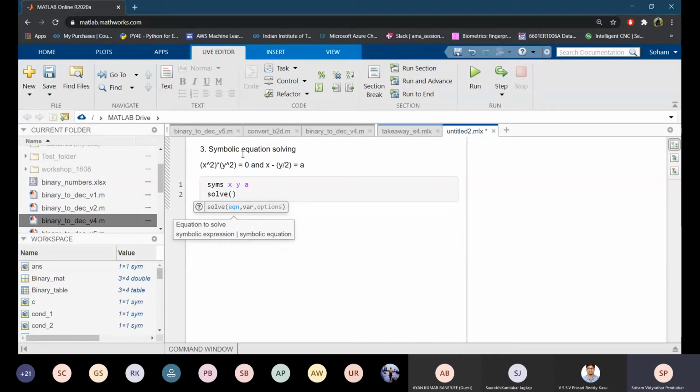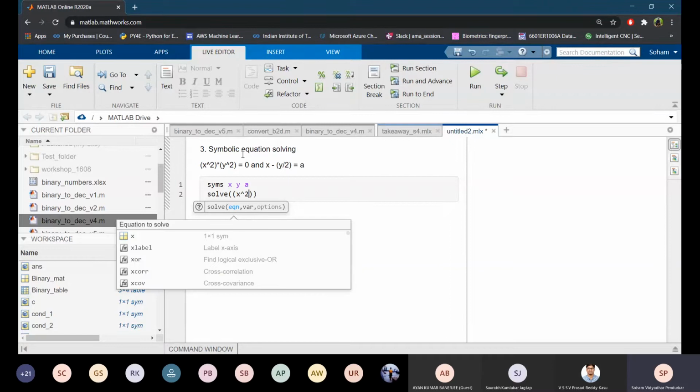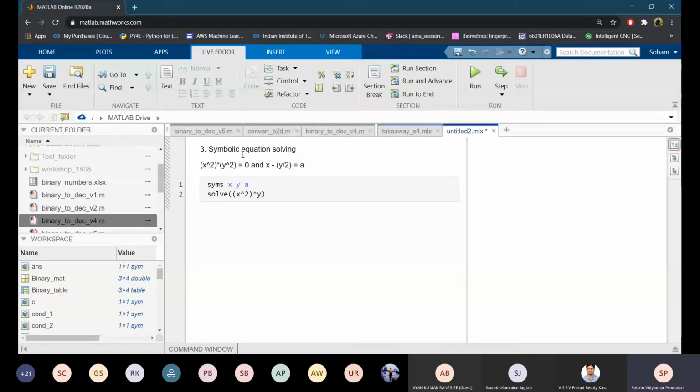So just put them here: x square into y square is equal to a, comma, and the next equation, x minus y by 2 equals a, and close the bracket. Now you are ready to solve, and I'll store this result.